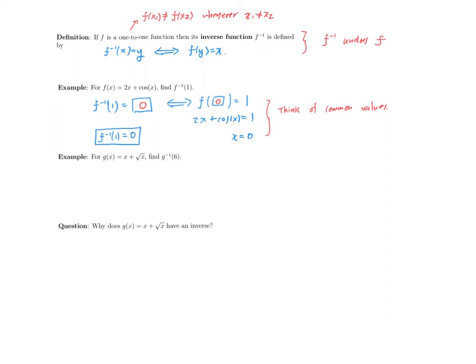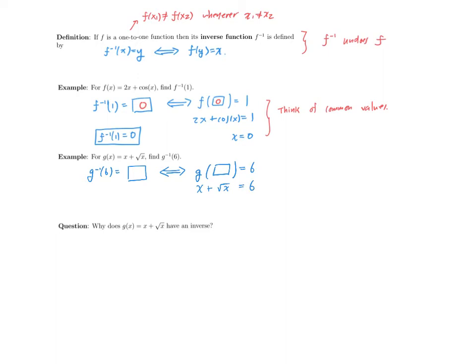And hopefully you've paused the video to think about this. Let's just follow the template that we have above. G inverse of 6 is going to be some quantity, and specifically it's going to be the quantity where g of that value is equal to 6. So just restating this in a simpler form for us to work with. Can we determine a value of x where x plus the square root of x is equal to 6?